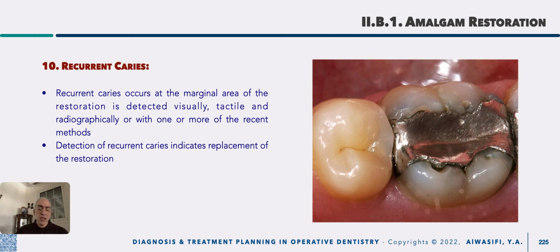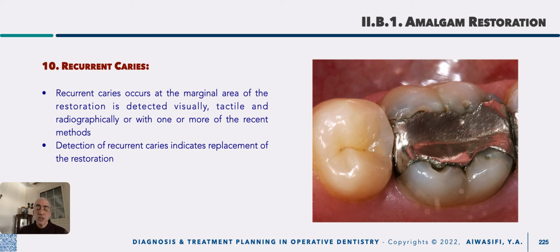Recurrent caries needs you to totally remove your restoration, evaluate the case, excavate the caries, and re-indicate the suitable technique and the suitable material for the case according to the remaining tooth structure and the type of occlusion.